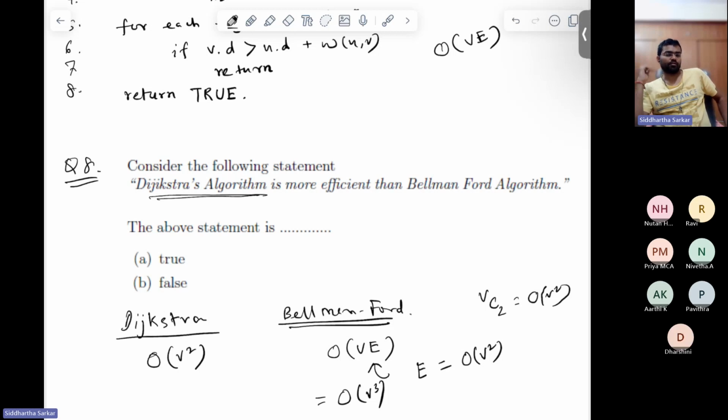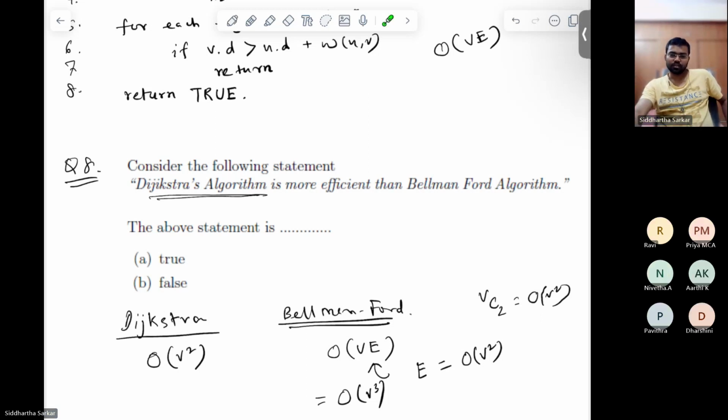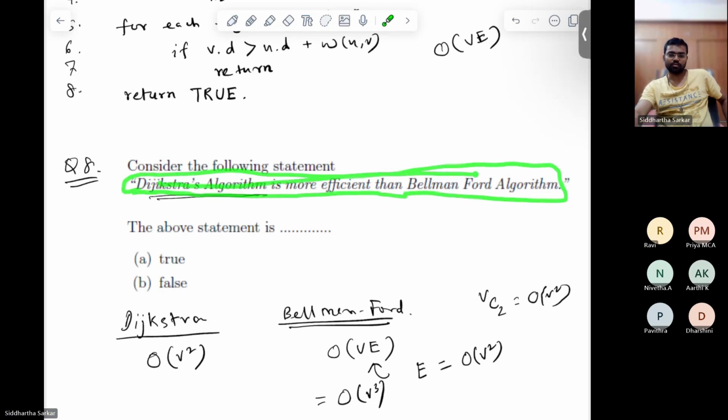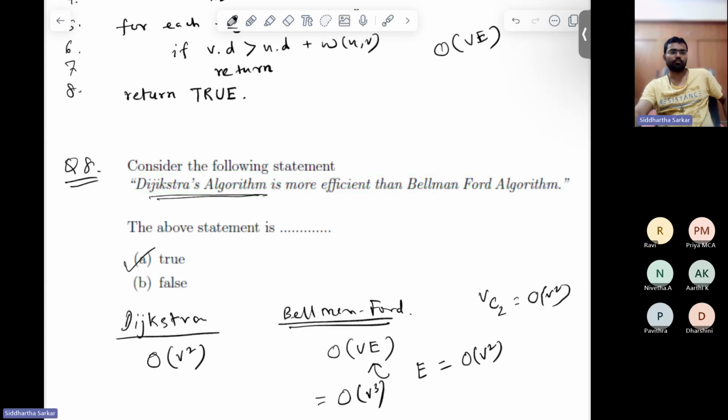Which one is more efficient? Dijkstra. So what is the statement? Dijkstra's algorithm is more efficient than Bellman-Ford. Then is it true or false? Correct. It's true.